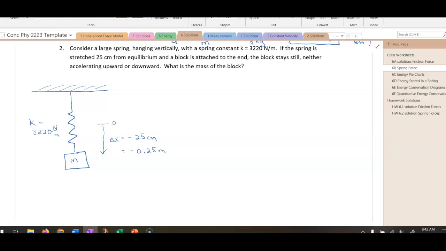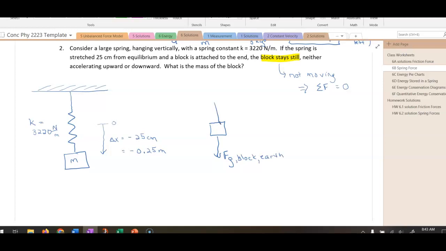It says that the block stays still. Those are important words. If the block is not moving, that means that the net force on the block is 0. Okay? And the situation here, there are just a few forces. There's the gravitational force on the block by the Earth.